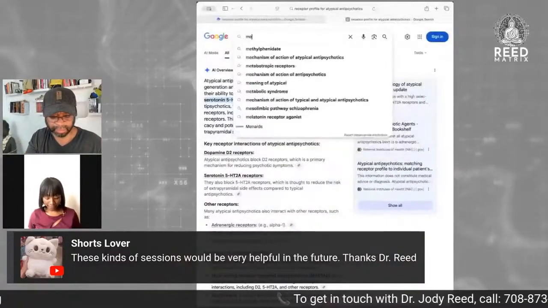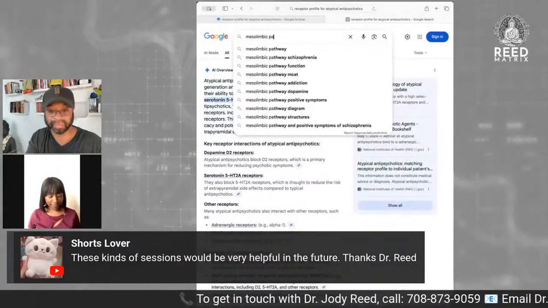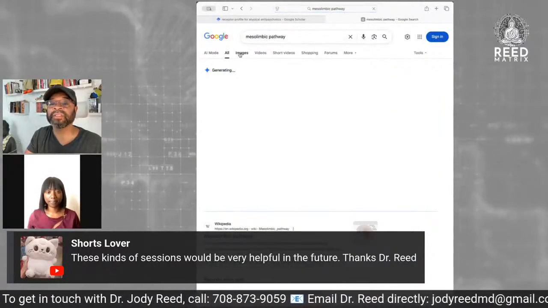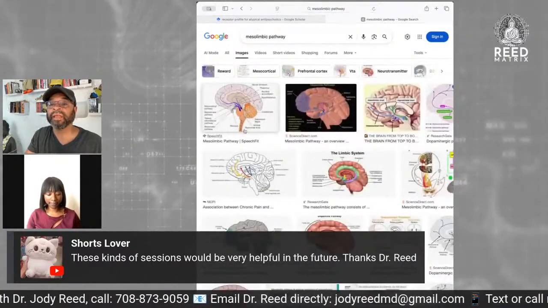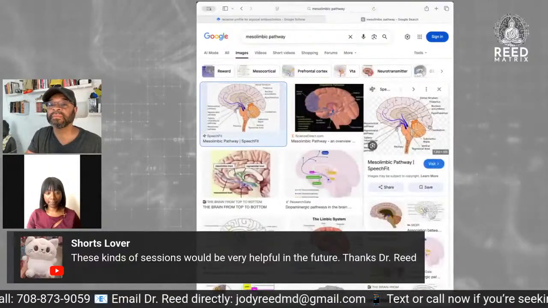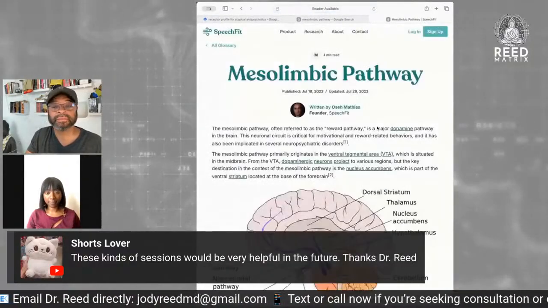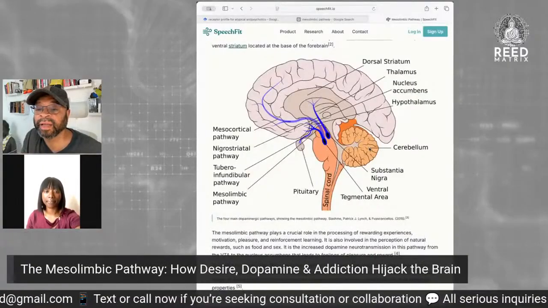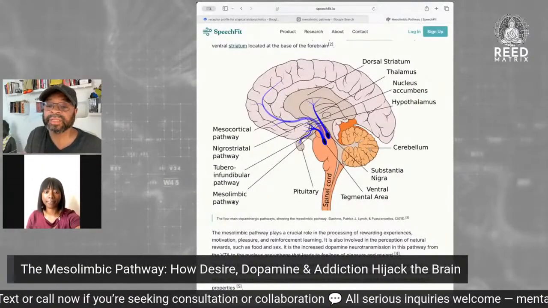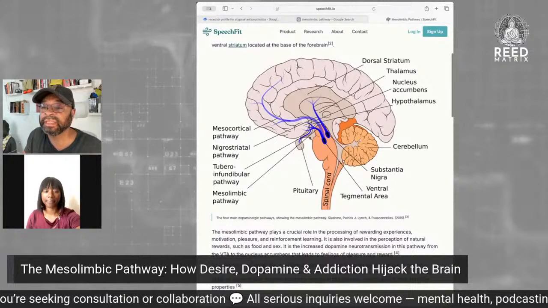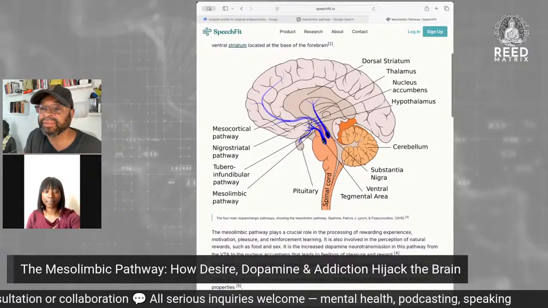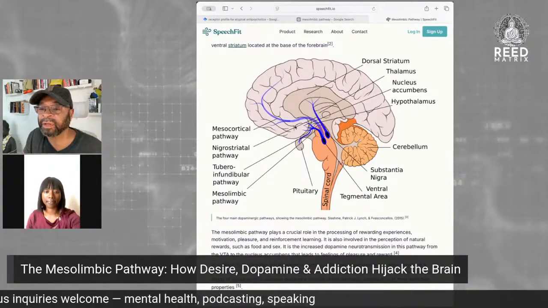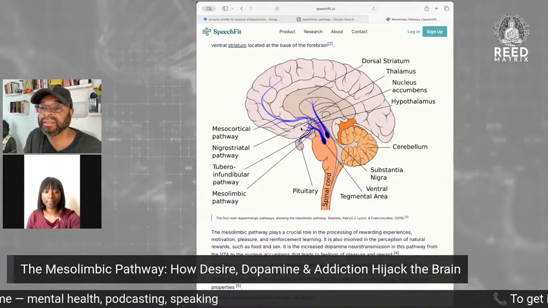Okay, let me look here. I think this is a good one. Let me follow the mesolimbic pathway all the way here. Here's the VTA area, and here it spreads over here. I forgot this name, and also the prefrontal cortex here.